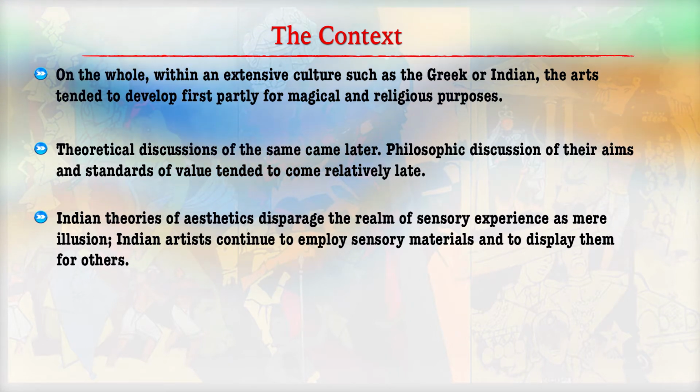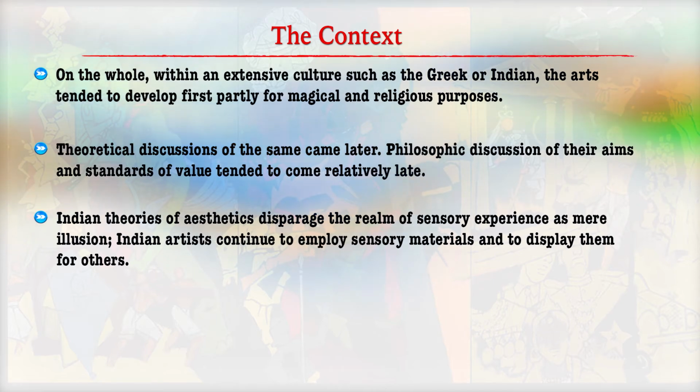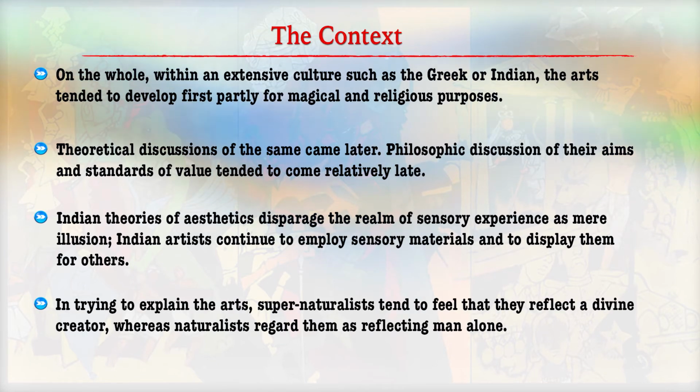Indian theories of aesthetics treat the realm of sensory experience as mere illusion. Indian artists continue to employ sensory material and display them for others. They focused on supernatural powers. The paintings reflect a divine character. And another concept of this art is mystic symbolism.